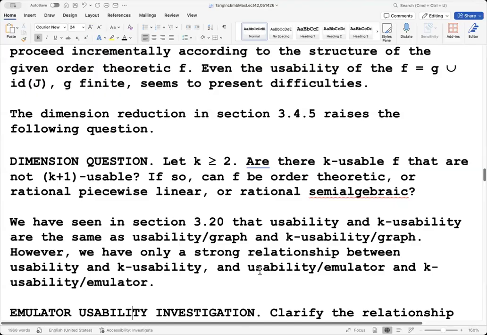However, we have only a strong relationship between usability and K usability.